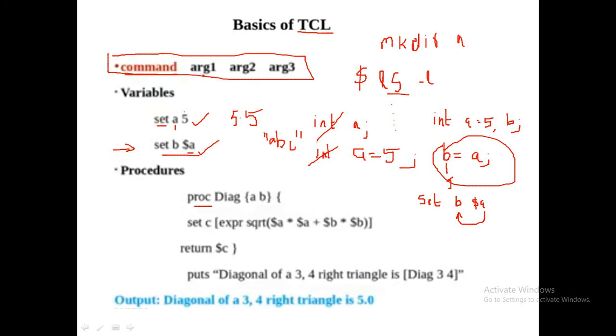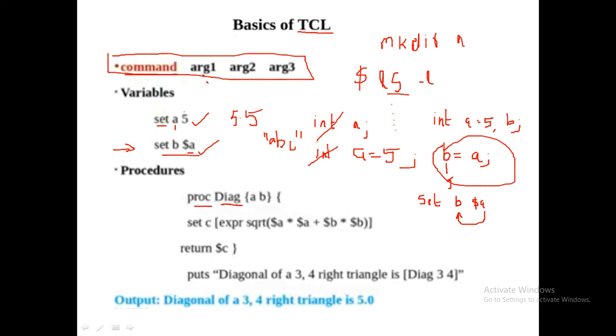Then space; tool command language, first is the command, then space. All the remaining things are arguments. It takes 3 arguments. The first argument is the name of the procedure. Let us say we give the name of the procedure as diag, some small name for the function or procedure. This is the first argument.